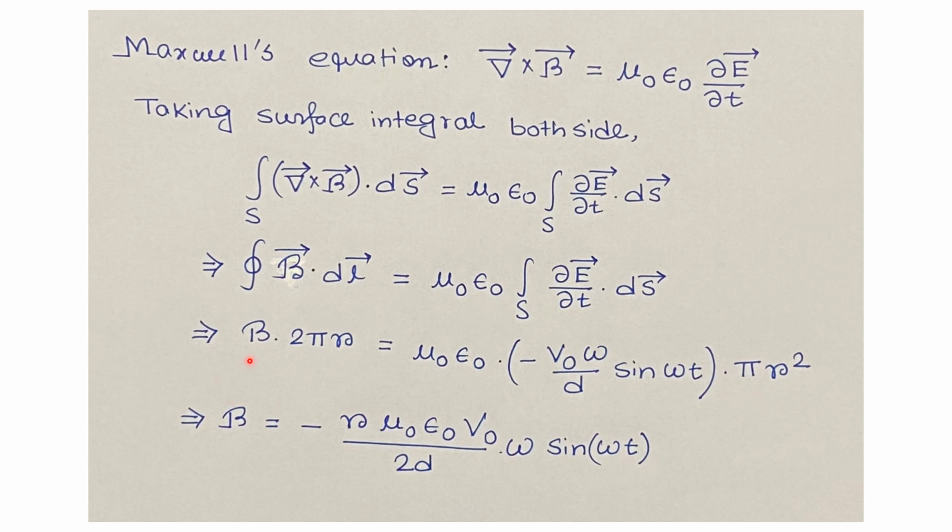From this we can find the associated magnetic field, that is B equals minus r times mu naught times epsilon naught times V0 divided by 2d times omega times sin(omega t). So this is the expression for the time varying magnetic field associated with the time varying electric field between the capacitor plate.